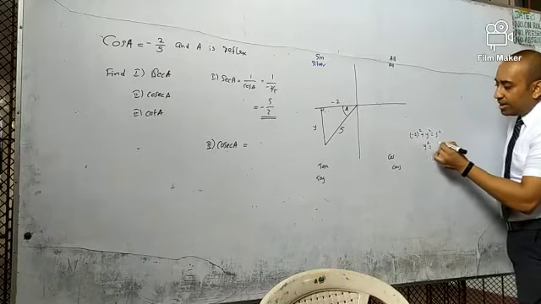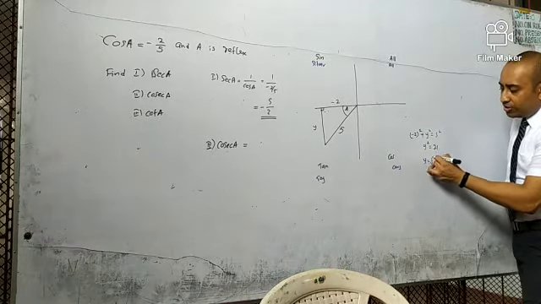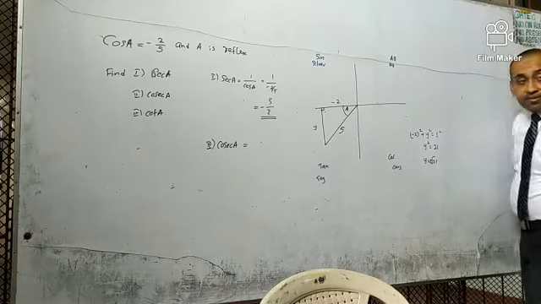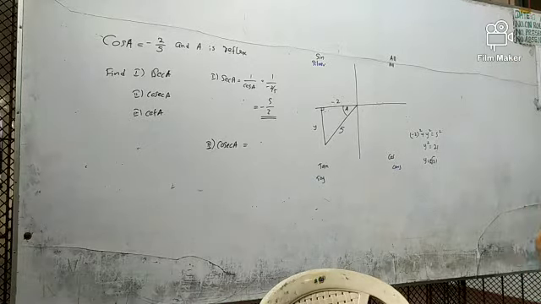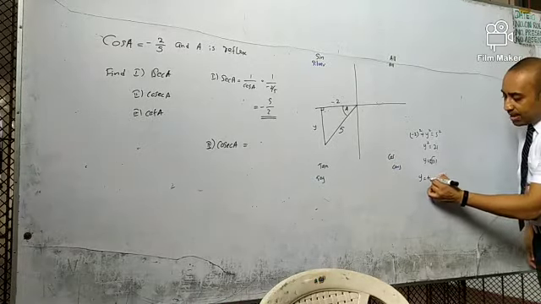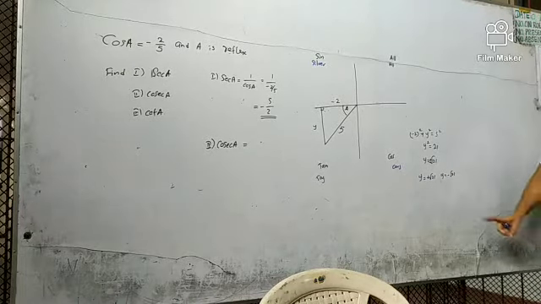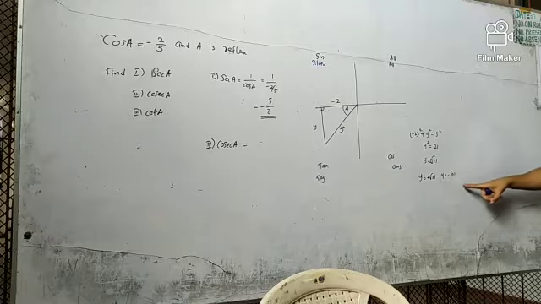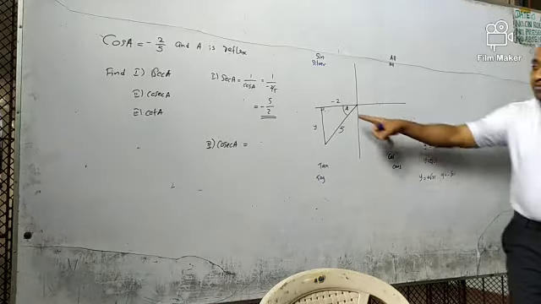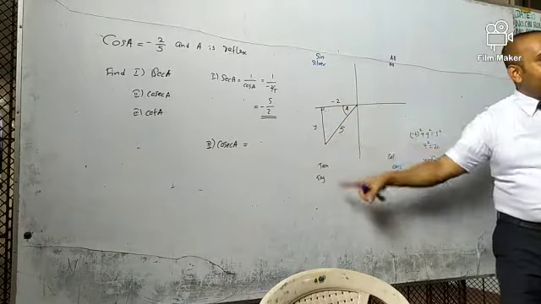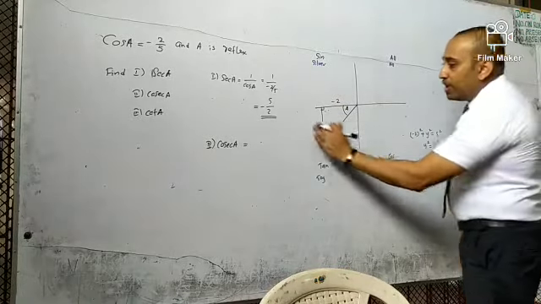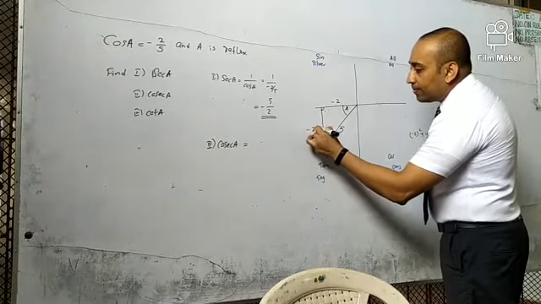Therefore, y squared is equal to 21. y equals plus or minus square root of 21. Now tell me whether it's plus root 21 or minus root 21. It's minus root 21. Why? Because y is in the negative y axis, downward. So it should be minus root 21.